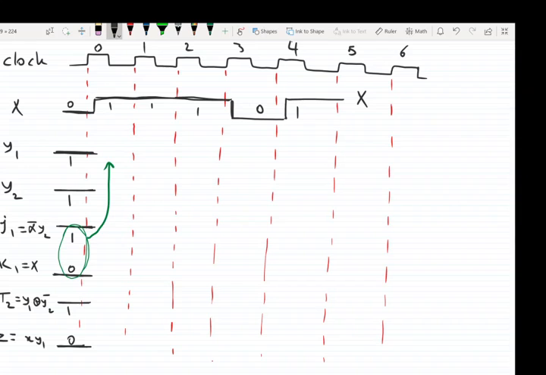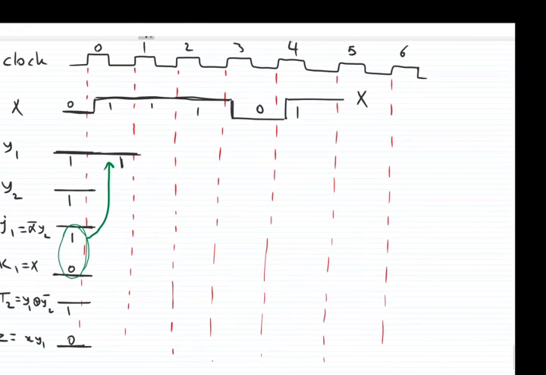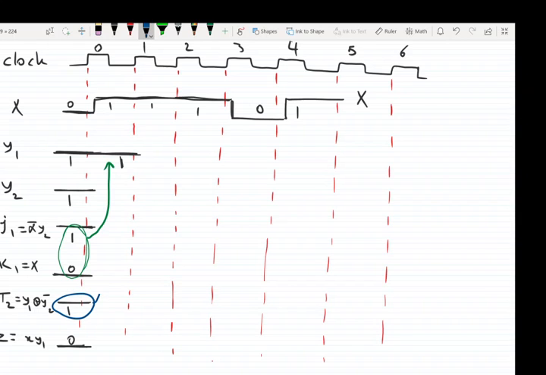So next state will be 1. What about Y2? T2 is 1. It determines Y2. 1 means complement for the T flip-flop. Y2 is 1, so it will be complemented to 0.